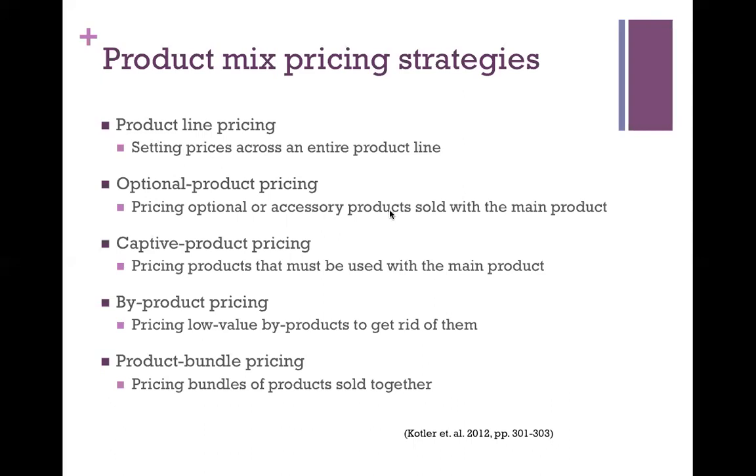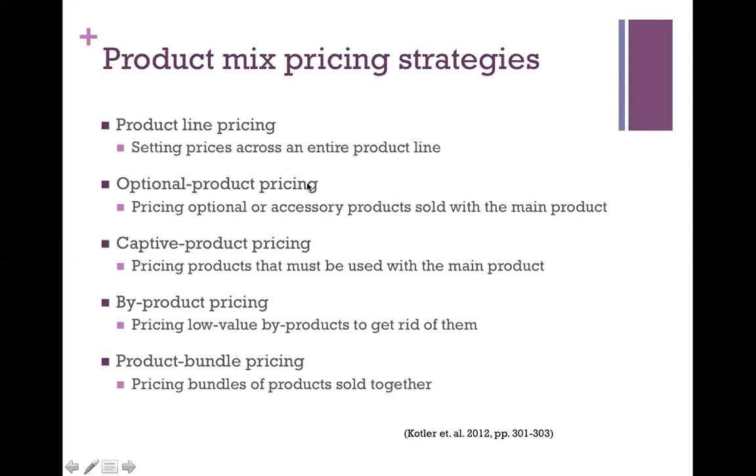All right, so there are options in terms of product mix pricing strategies, and please, after you decide the main pricing strategy, either major pricing strategies or new product pricing strategy, the next thing that you need to decide is to look at one concept from the product mix pricing strategies.